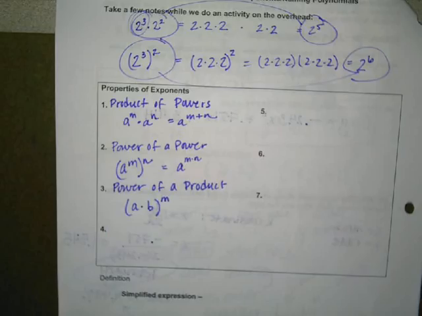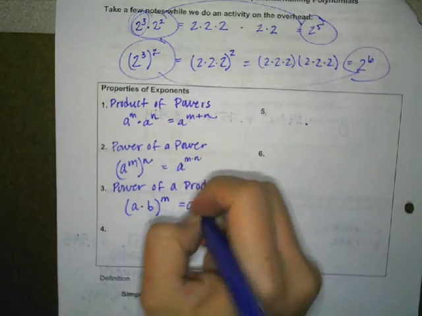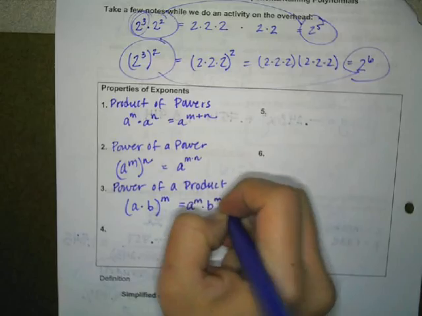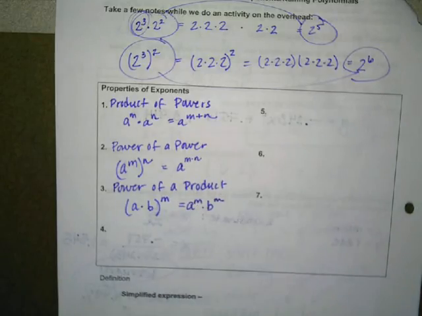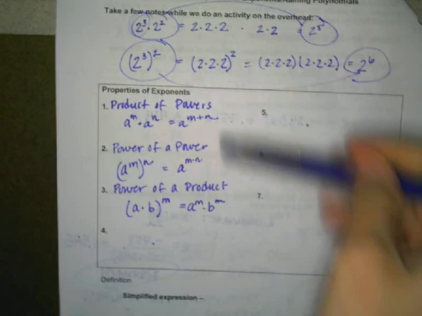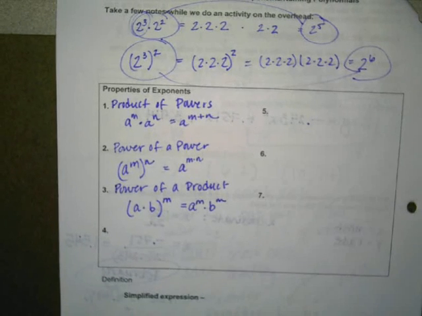We just do it naturally without thinking about the property we're using, but this is reviewing the actual properties. If this was like 2 times x squared, we naturally square the 2, square the x to get 4x squared. So when you have a power outside parentheses and inside you have two different things or more, we simplify by distributing that power through. Again, you don't have to memorize the names of these, you just have to be able to use the properties.